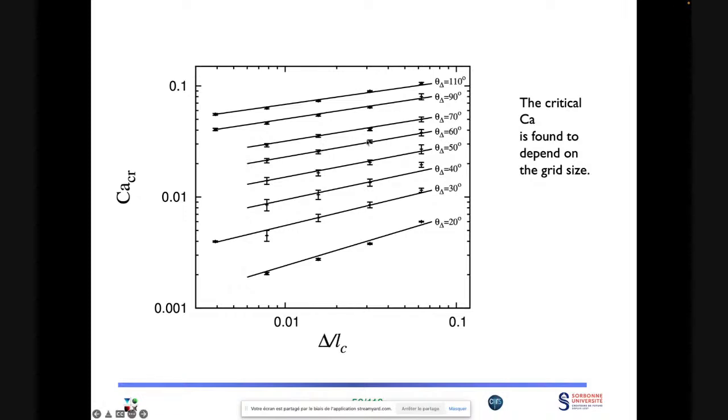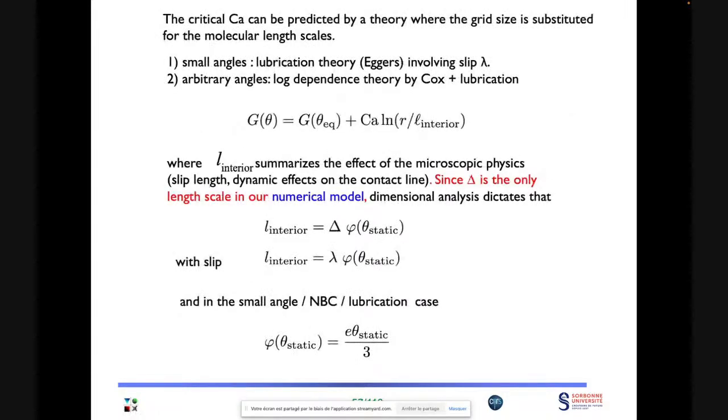And you see here, when you do this, that the critical capillary number depends on the ratio of the grid size delta and the capillary length LC, the gravitational surface tension length. And so to understand that, you have to use the Cox-Voinov theory.